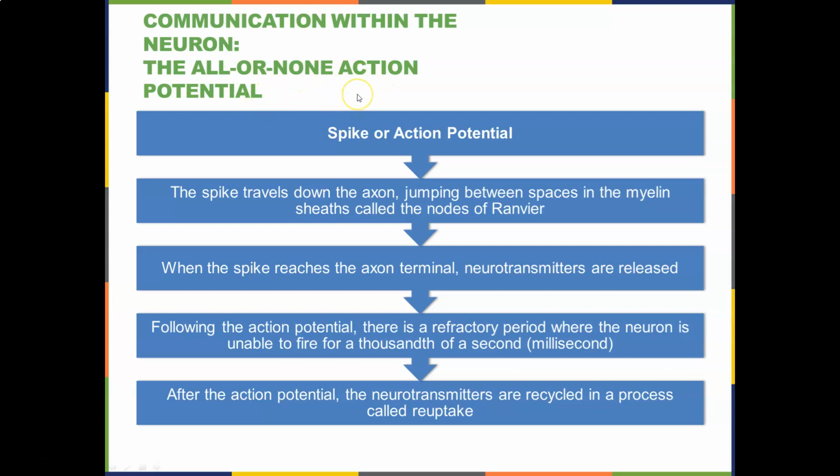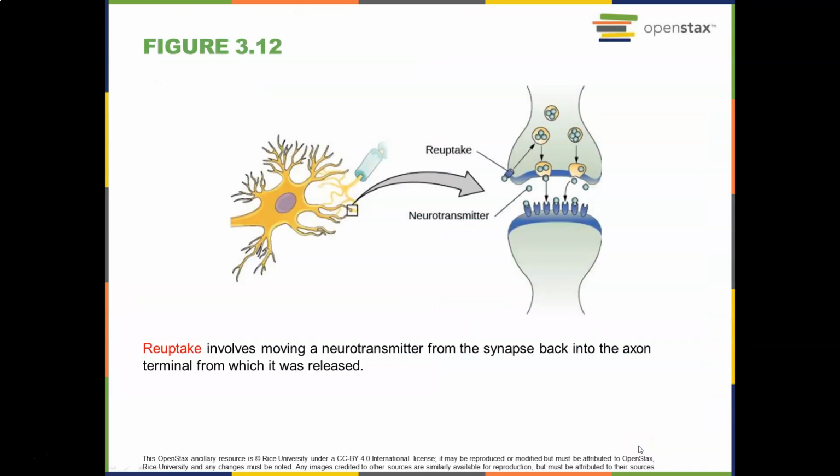And basically all that means is that for an axon to fire, it has to build up a certain amount of electricity, a positive impulse. And if it does, then it'll fire. Boom. But if it doesn't, then nothing happens. That's why they call it an all or none action potential. So moving forward.